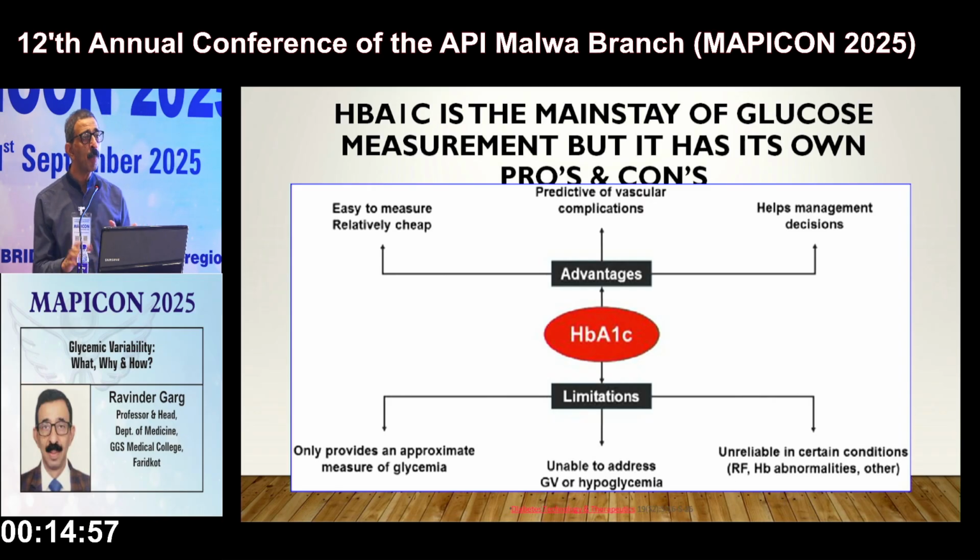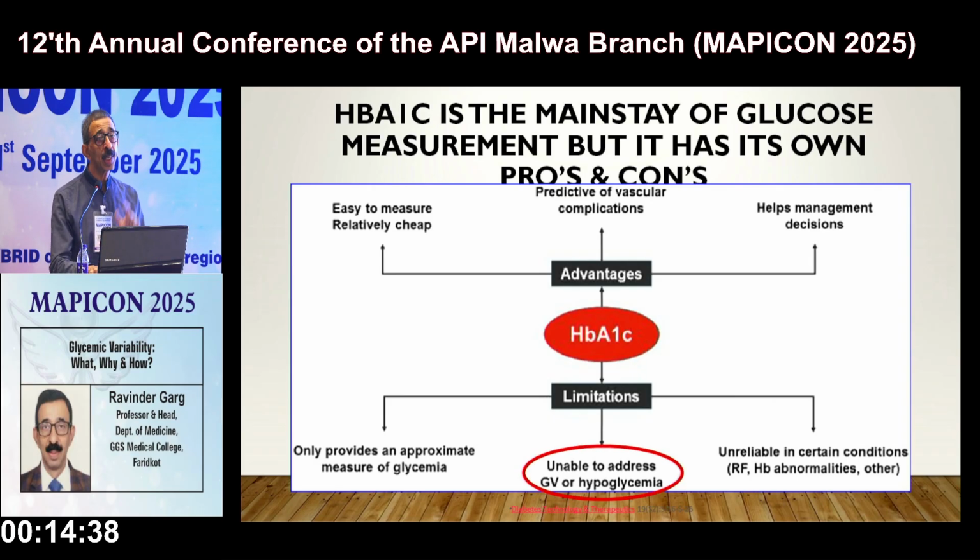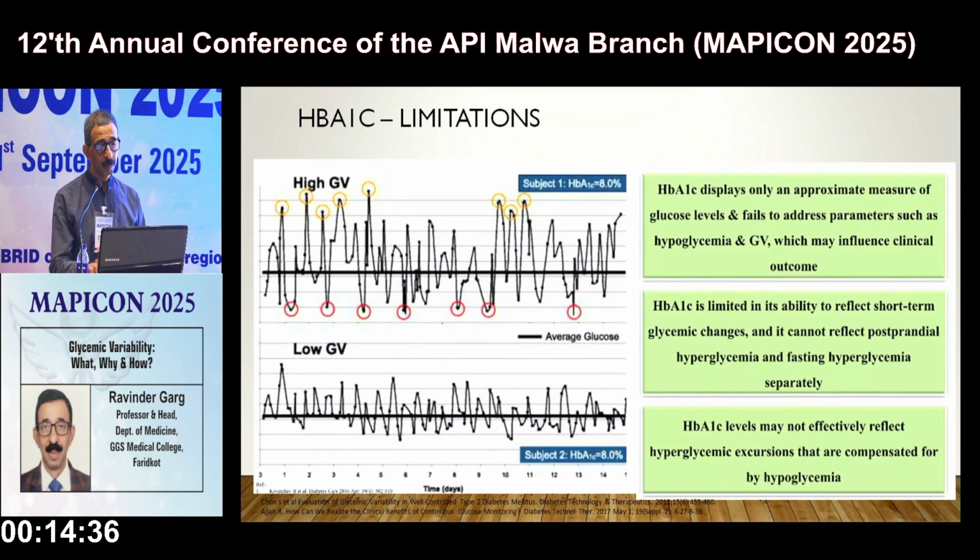And the most important point we just discussed: it does not tell us about hypoglycemia, which is equally important, and it does not tell us about short-term fluctuations. So short-term fluctuations and hypoglycemia are very, very important, which HbA1c is lacking.